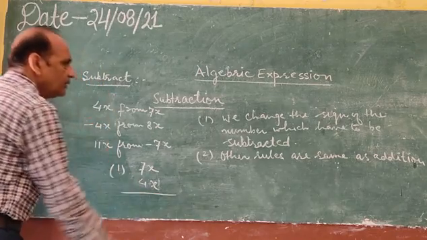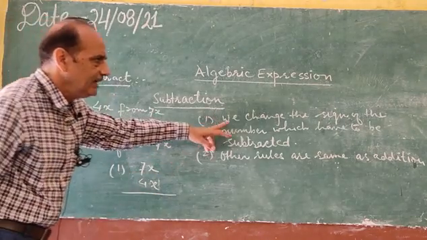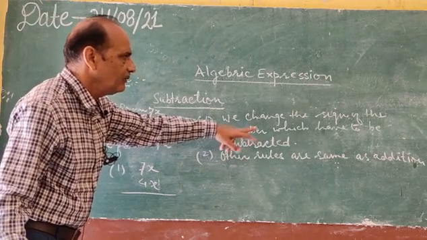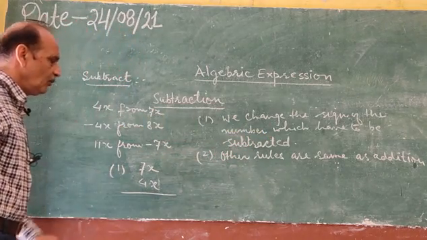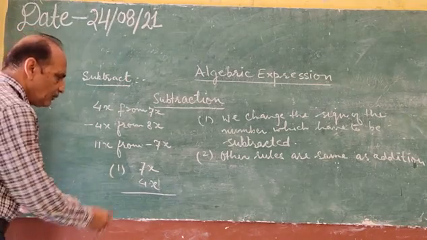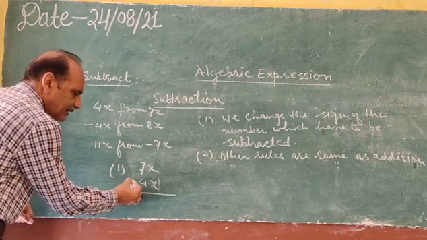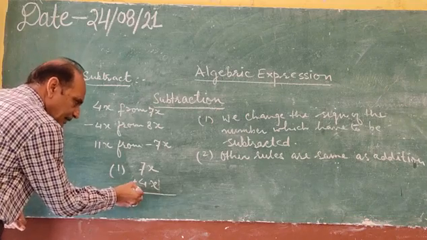What is the rule? We change the sign of the number which has to be subtracted. Which number has to be subtracted here? 4x, and the sign of 4x is plus here, so we will put minus here.